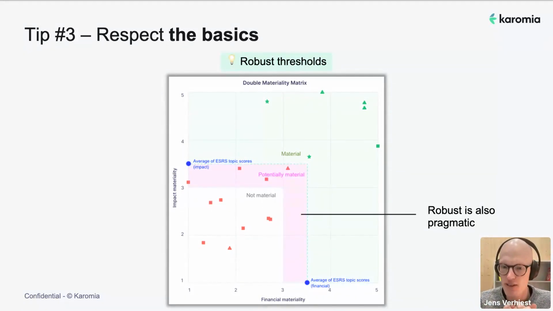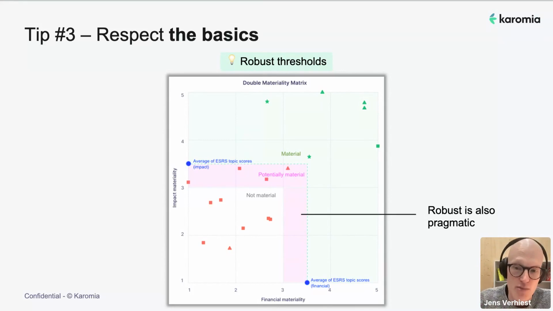Did they interpret the question in a correct way? Is there a general level of consensus within a stakeholder group, compared to other stakeholder groups? How much are people aligned on this? That will give you a sense of maybe some people clearly underestimating or not being very knowledgeable about a certain topic, but others really are. So that will give you inputs and hints on making a sound decision. Is this a material topic or not for my business?